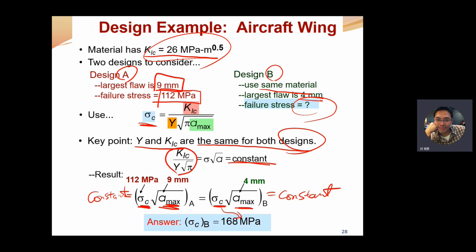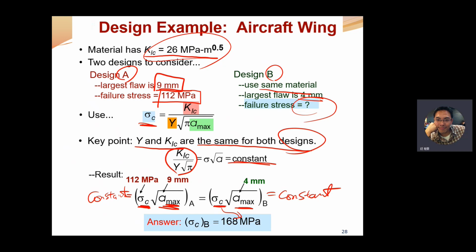So if we are doing a failure analysis, for example, we can observe the aircraft wing with a flaw of about 6 millimeter, and we can estimate the failure stress. If your spec for this wing is 9 millimeter, you will say, okay, it's still safe, because the largest flaw size defined is 9 millimeter, but now it's just 6 millimeter.